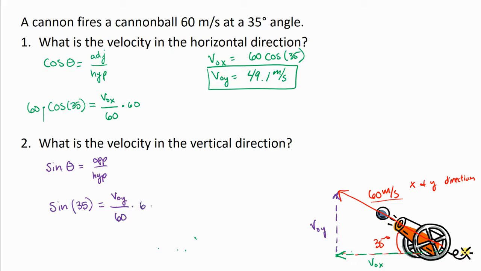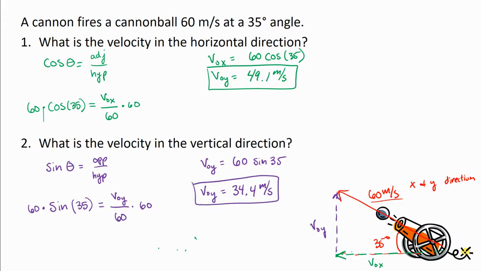Same deal, multiply the 60 over. And there you go. Now you've got your velocities in the x and y direction.